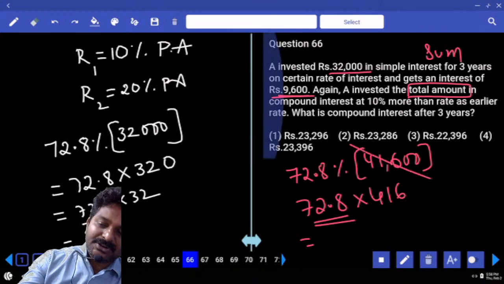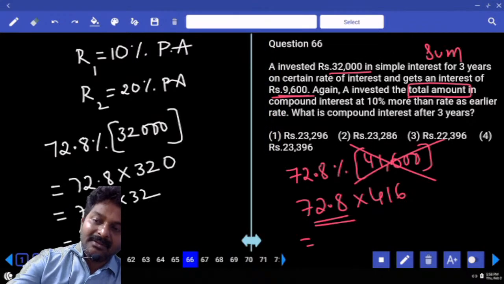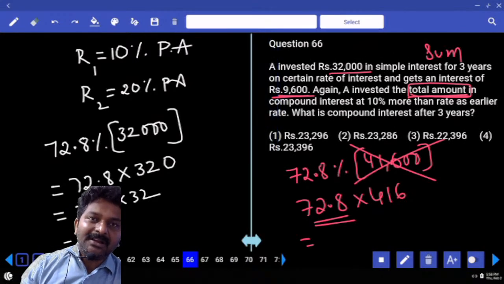So you're not supposed to take amount here. Instead of total amount, they should write sum.